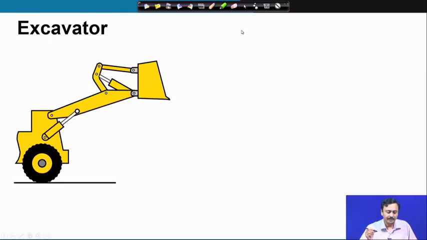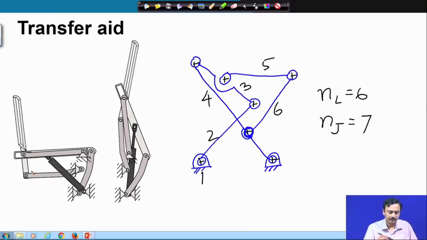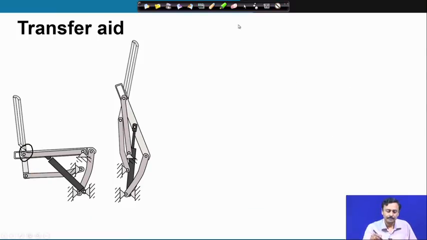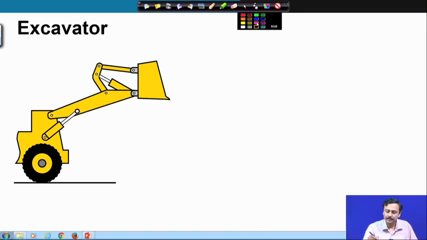This is the excavator. So, once again we have these as our ground hinges. So, in this excavator we have the ground hinges here and here.